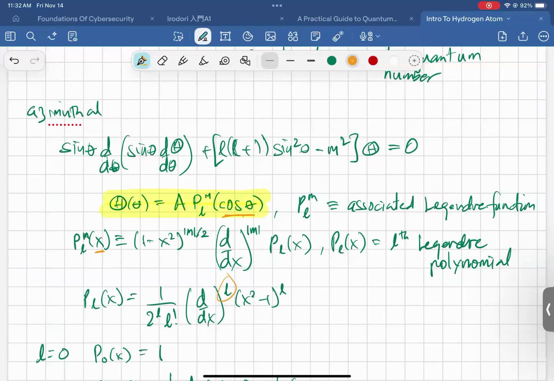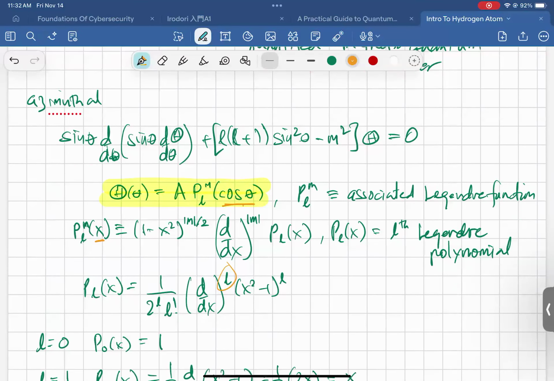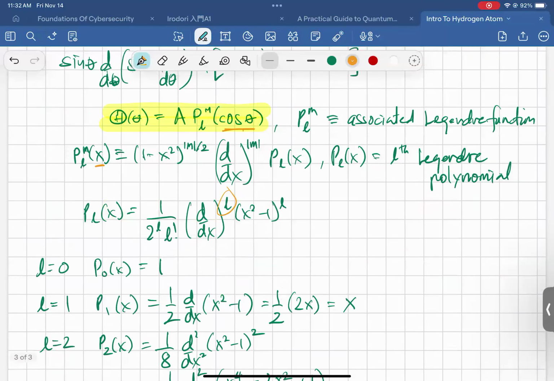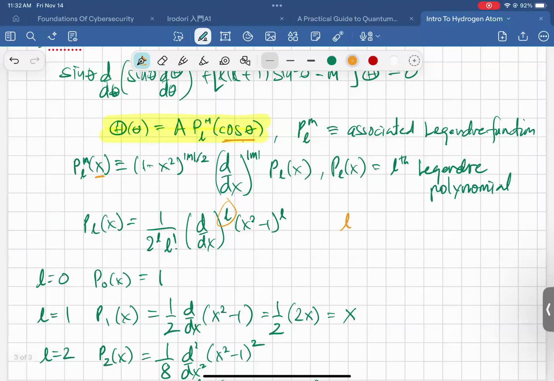When we analyze yung magiging results, L is the orbital angular momentum quantum number. It describes yung orbital angular momentum.